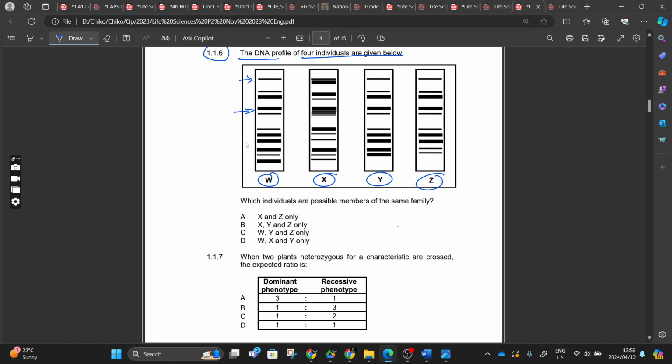Then, which individuals are possible members of the family? We also have to exclude individuals. Here in this group, we have this, this, this, this, so 4 of them.